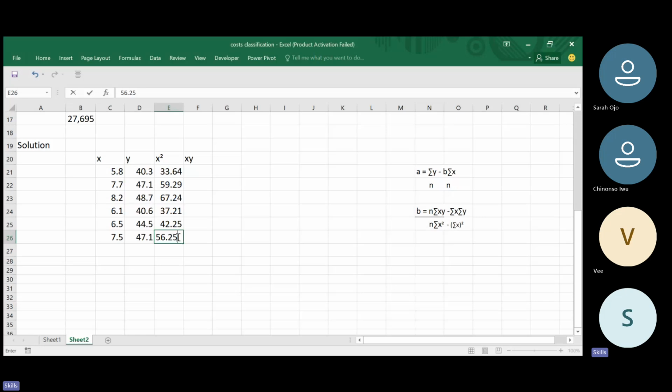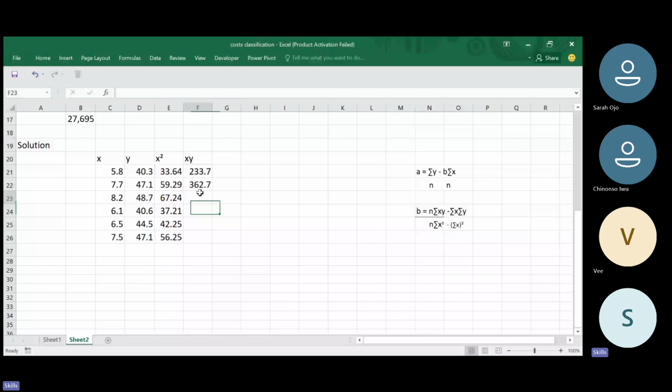So this is for this. Then the next one is x, y. This simply means x times y. For the first one, x times y is what? 233.74. Then 7.7 times 47.1, that is 362.67.